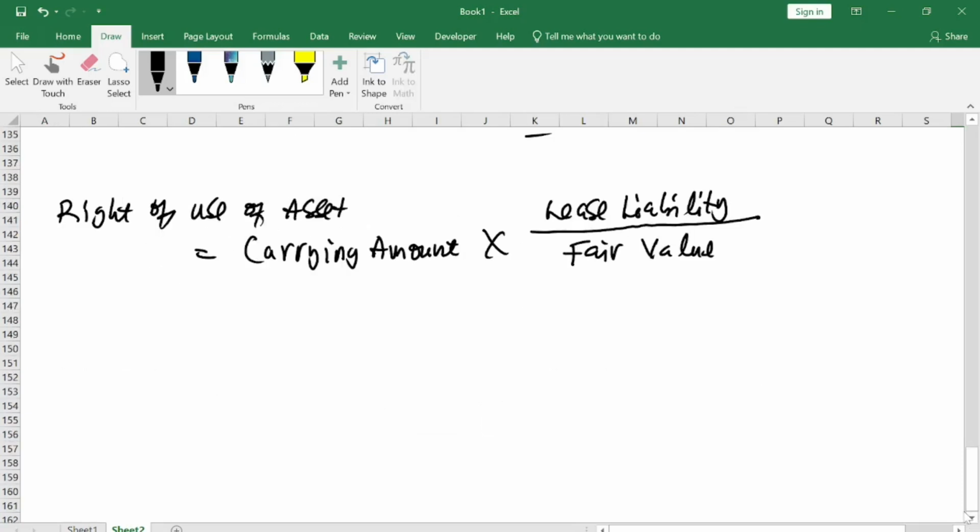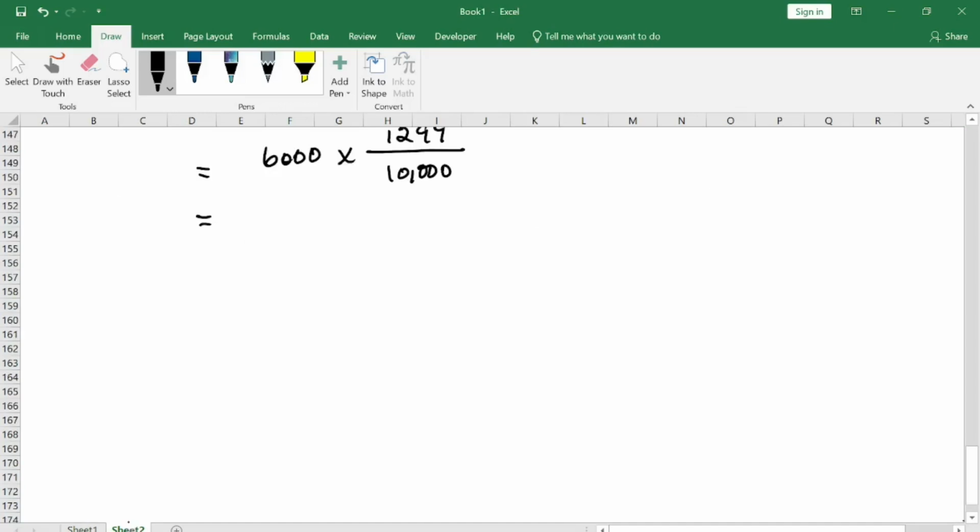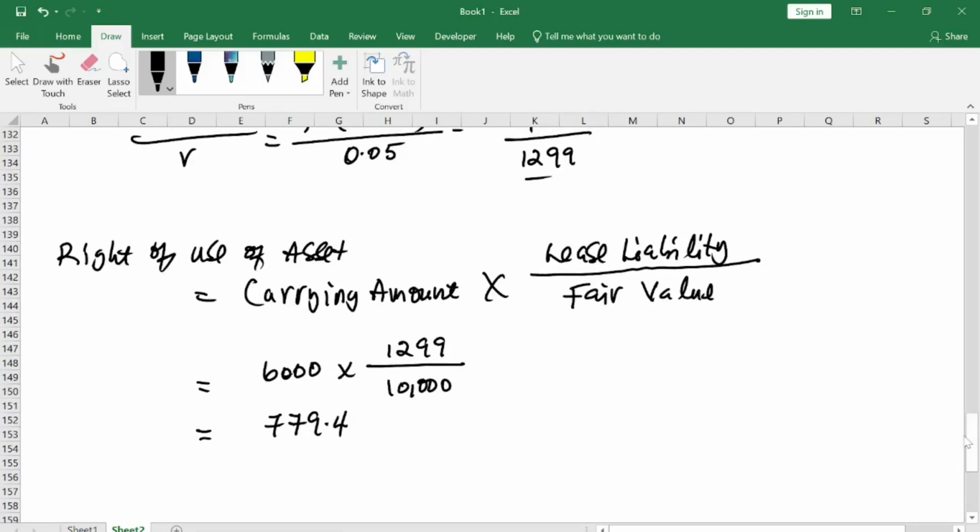Now we know our carrying amount to be 6 million, which is 6,000, multiplied by the lease liability we just calculated, which is 1299, and the fair value of the assets was 10,000. What do we have? So we have 779.4. So this one is point 5.